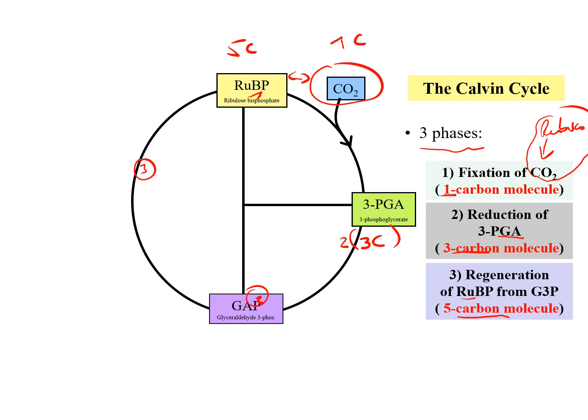the next step is to get this glyceraldehyde 3-phosphate that we talked about before, and as a result of that you can produce sugars. And the next step is to regenerate the rubisco enzyme.